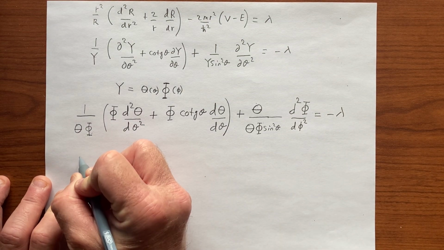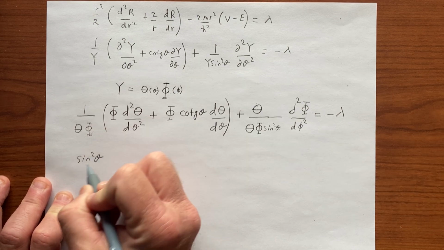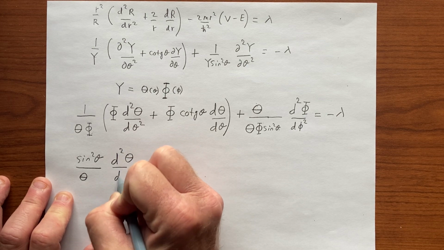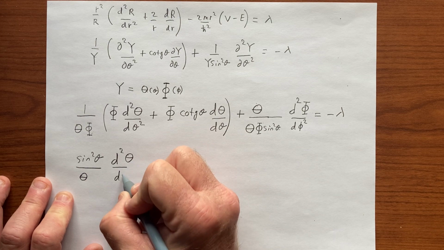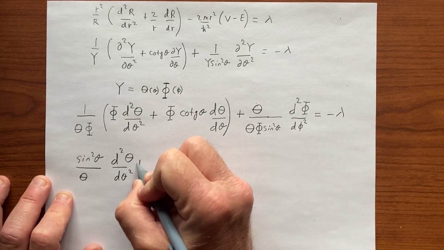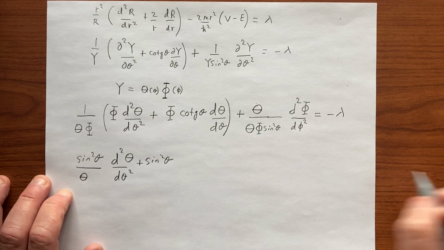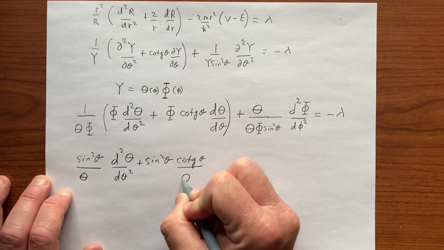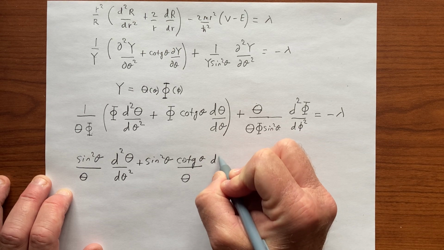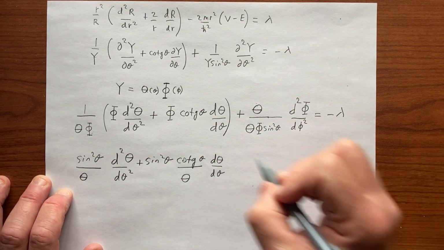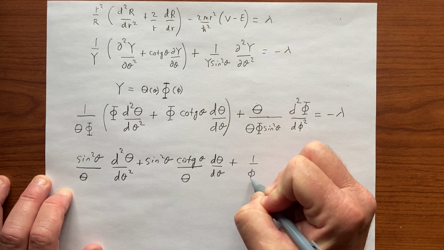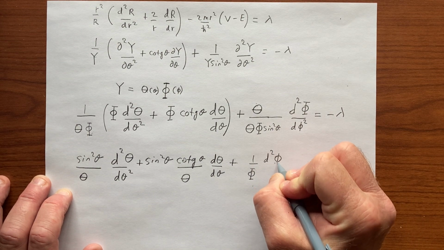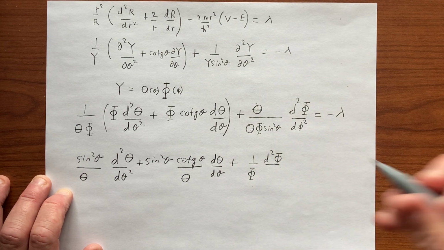We end up with sine squared theta over capital Theta, two derivatives of capital Theta in theta, plus sine squared theta cotangent of theta over capital Theta, d capital Theta d theta, plus 1 over capital Phi, two derivatives of capital Phi in phi.